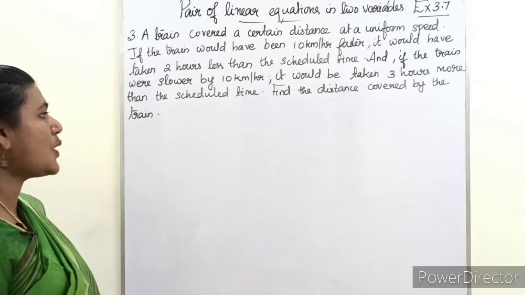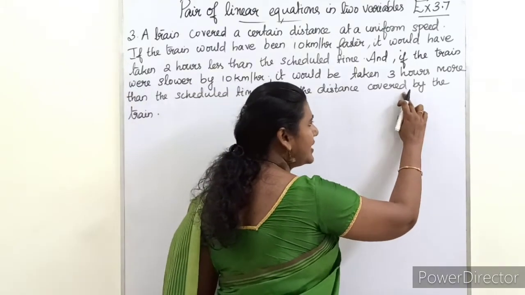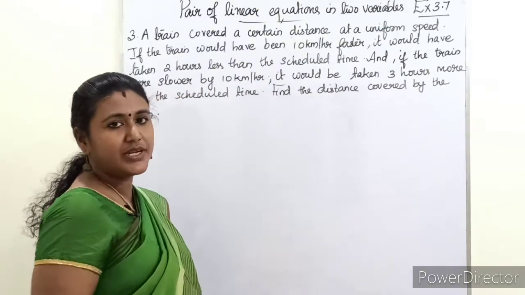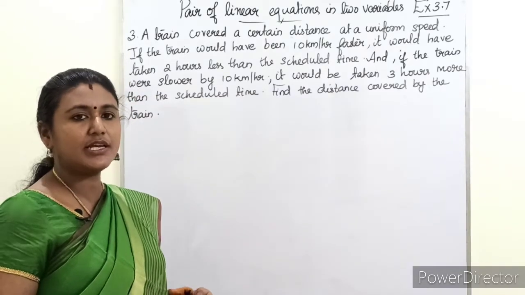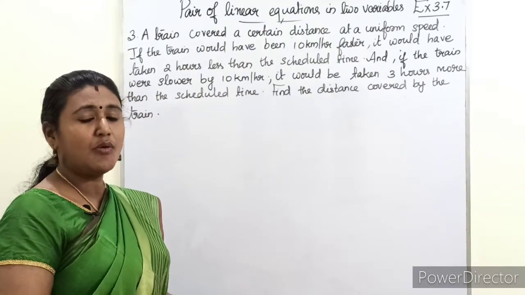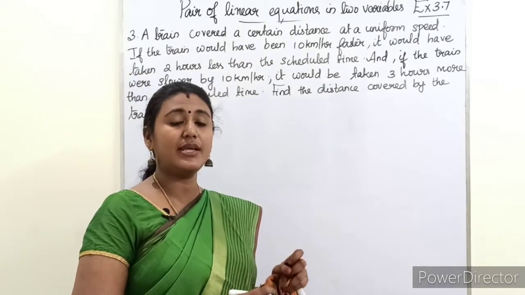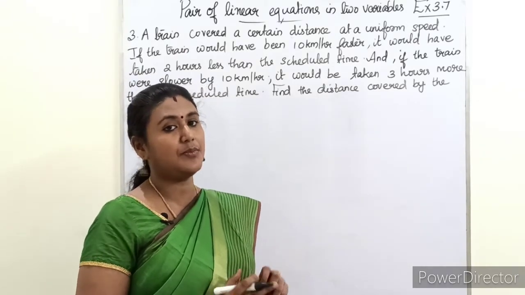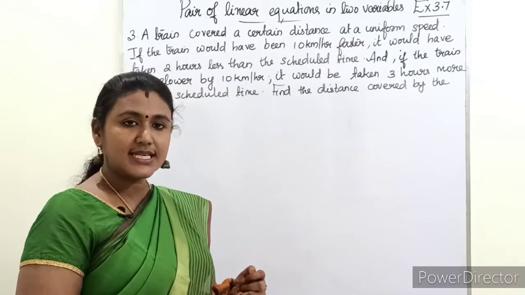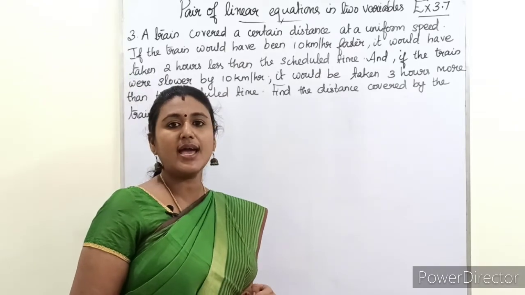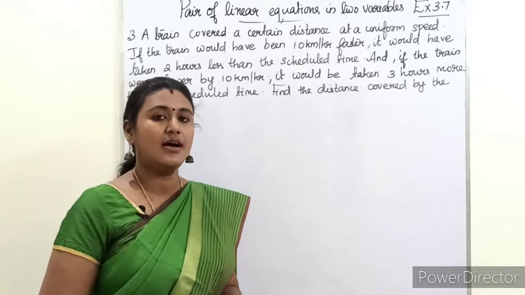So here we have to find the distance covered by the train. But since we need to get a pair of linear equations in two variables, we will take x and y. So x and y will be the speed and the time taken. So we will take x as the speed of the train and y as the time taken by the train.